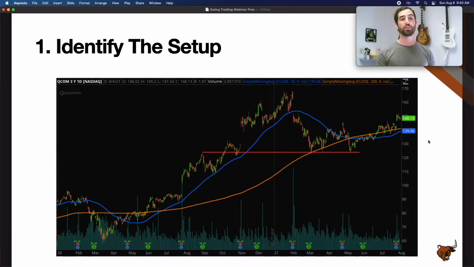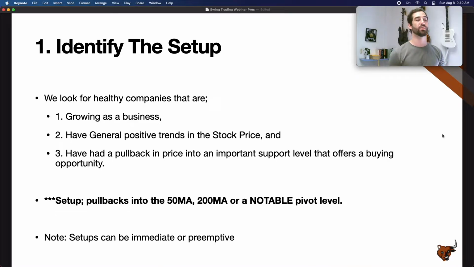Okay, so I'm going to show you that this actually had a setup here in that 200 and the 50 MA, and then it had another setup right here at a triple bottom. Okay, and we're going to talk about that a little bit in the end, and what that means in real life, or in a real case scenario.